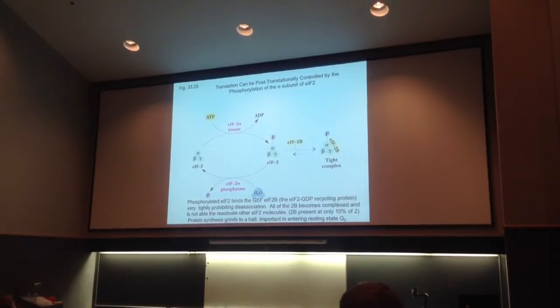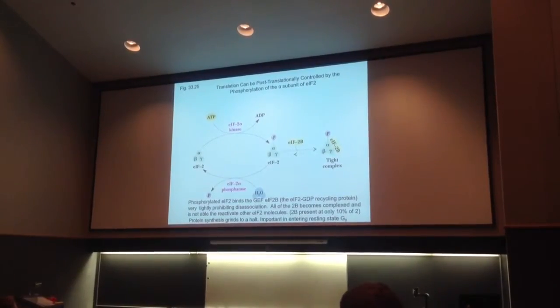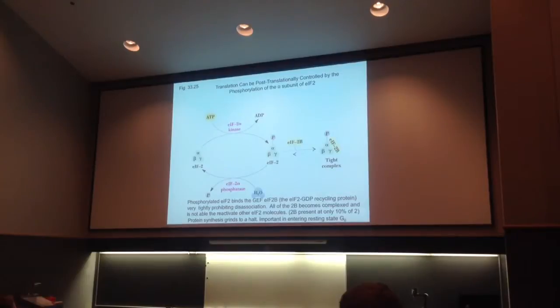Right? It's no longer able to function. The amount of EIF2 is limited in the cell. So much translation is going on in that initiation step that we need a lot of it all the time. When it's complexed to EIF2B, it's not available for translation. It's turned off. And I think if you read that, it'll tell you that.